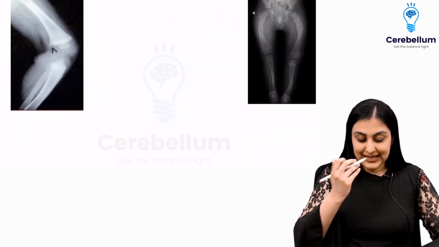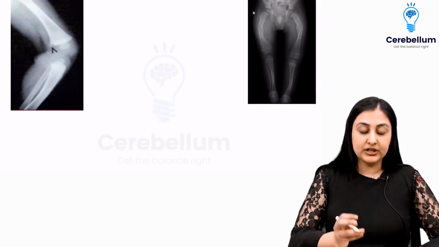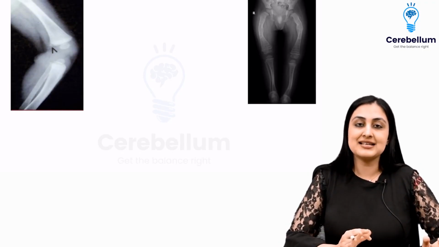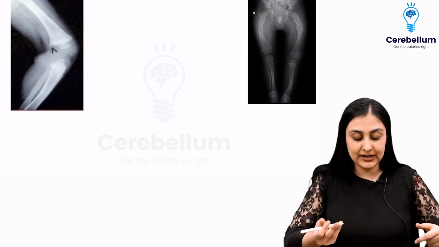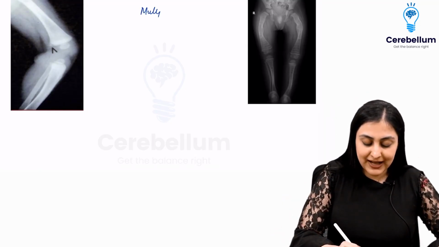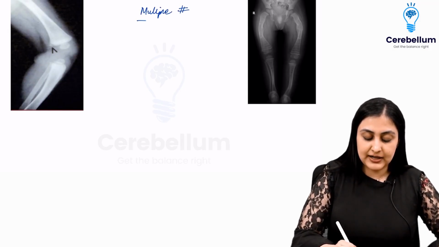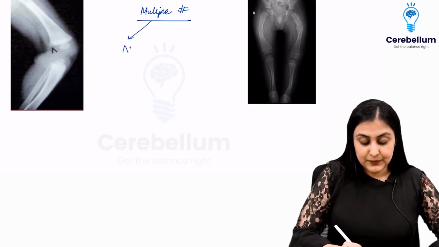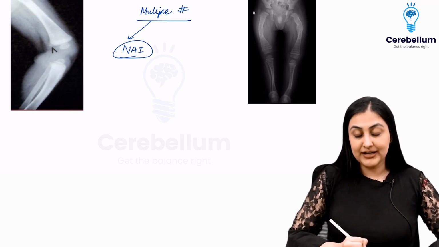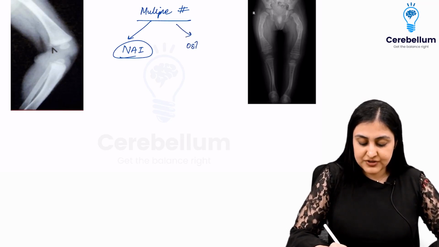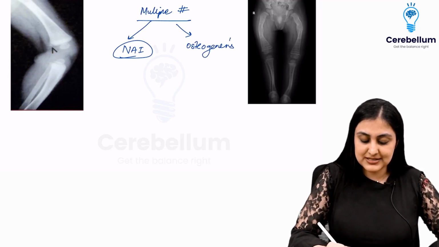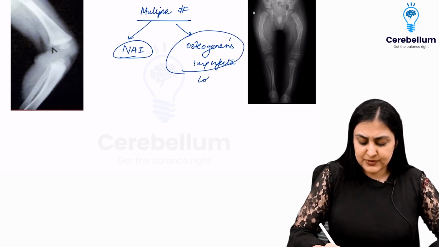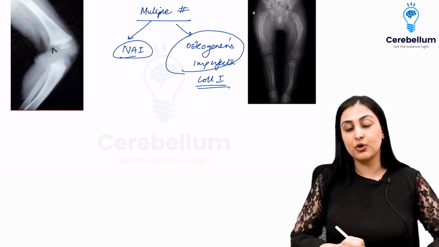Alright. Next, I want to discuss one very important approach wherein they'll give you the history that the patient, which is typically a child, has had recurrent fractures. So when you have multiple fractures in different bones, there are two possibilities. One, the more ominous possibility here is non-accidental injury, that is child abuse, or the other possibility, which is a repeat question, is osteogenesis imperfecta, wherein you have a collagen 1 deficiency because of which the bones are not properly formed, right?